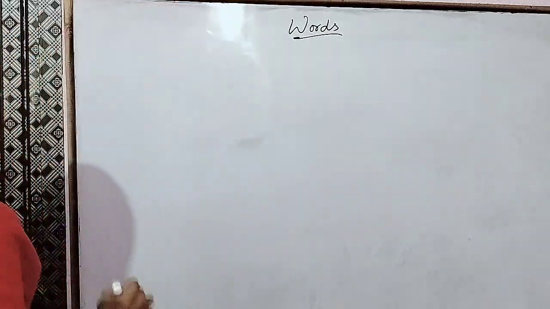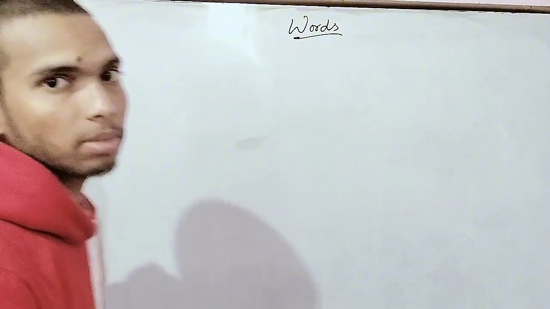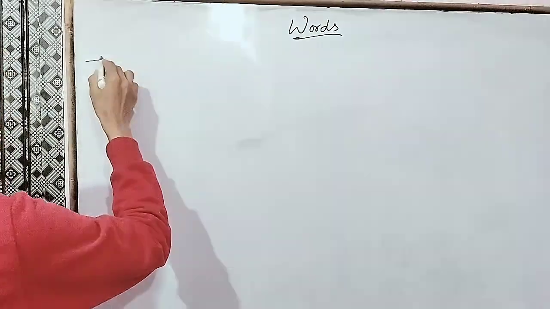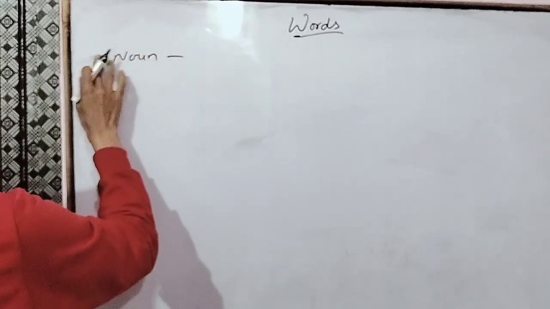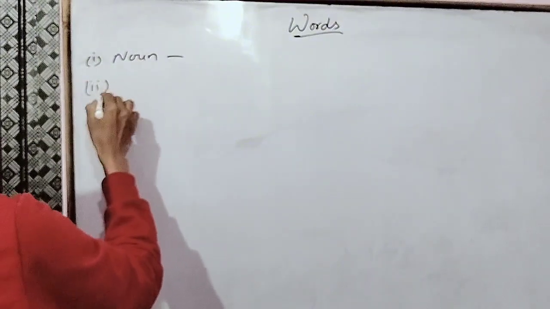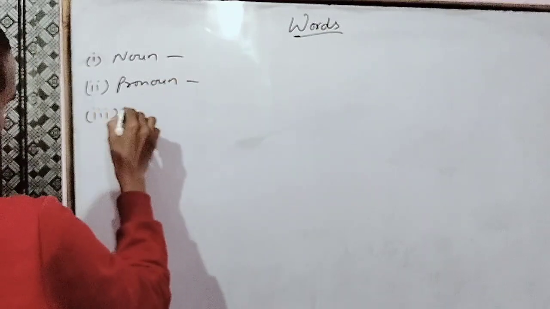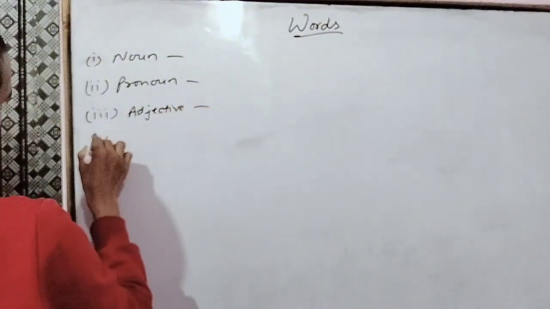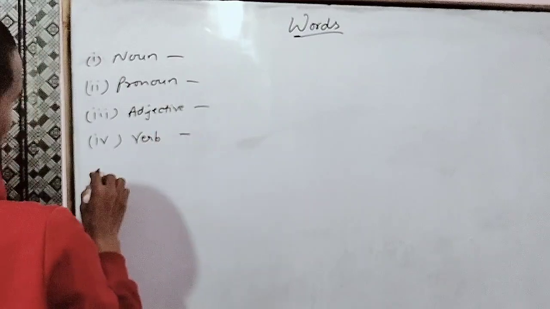We are in the category of words. It can be said with parts of speech. First is noun. Second is pronoun. Third is adjective. Fourth is verb.